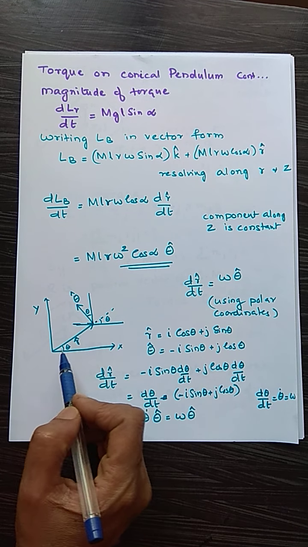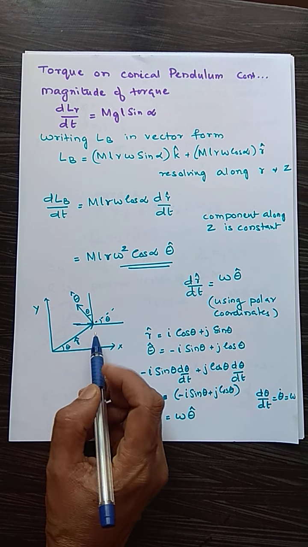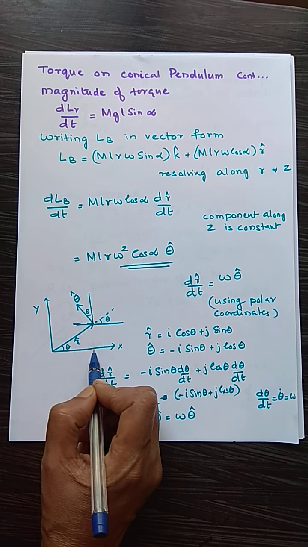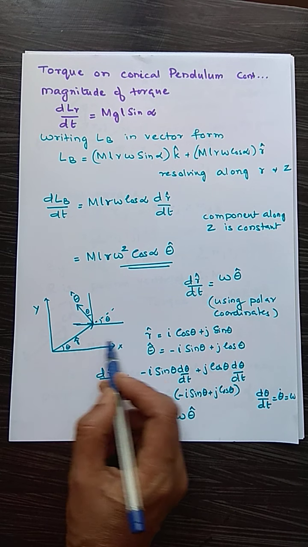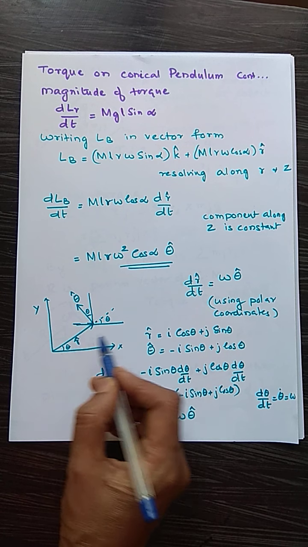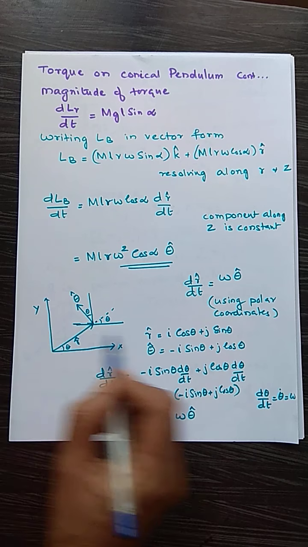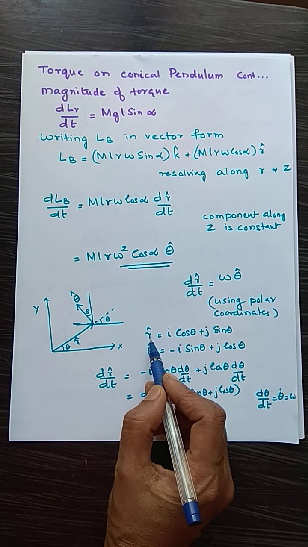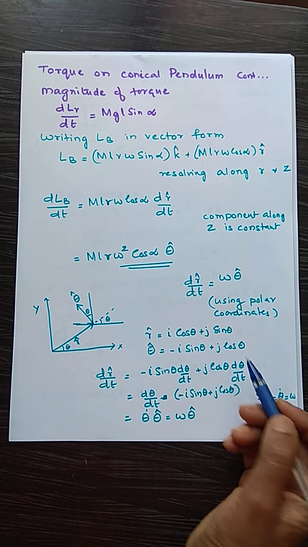When you resolve the unit vector r cap along the x direction, you draw a perpendicular to the x axis and get the component cos theta, because a unit vector's magnitude is 1, plus the component along the y direction, which is the sine component. So the resolved unit vector r is i cos theta plus j sin theta.